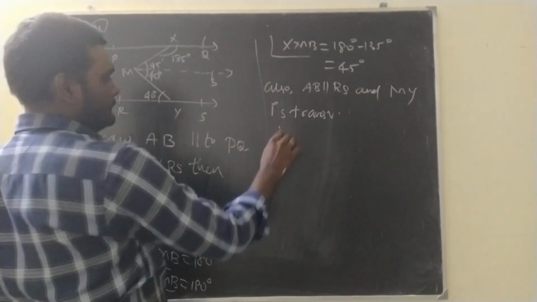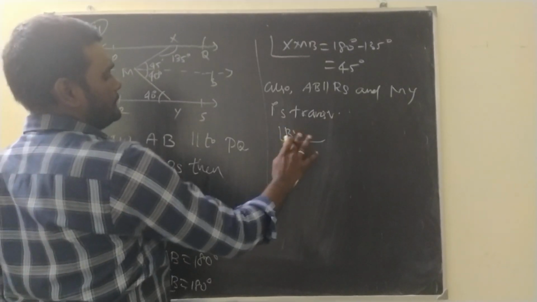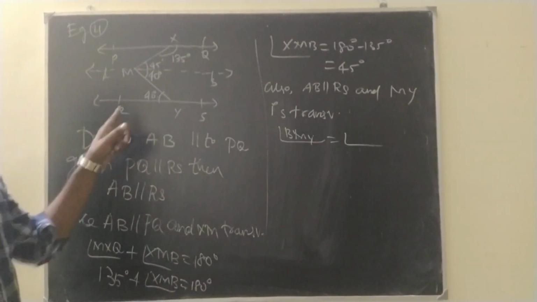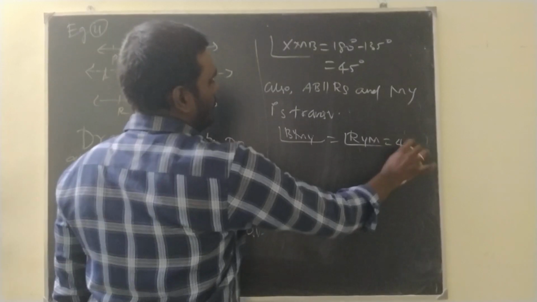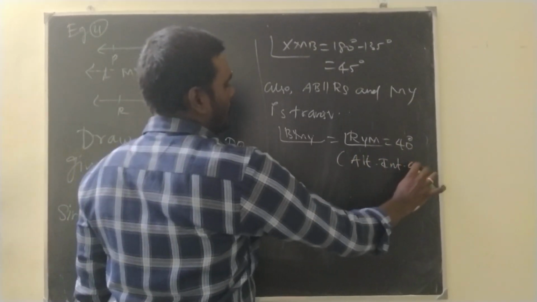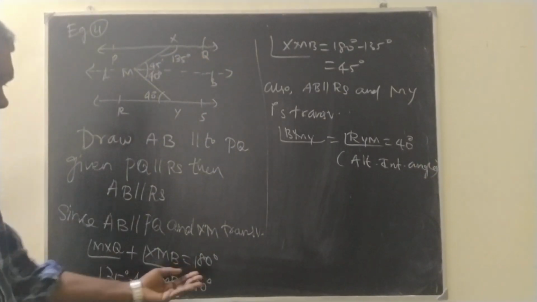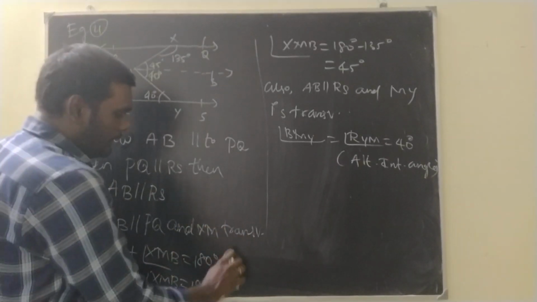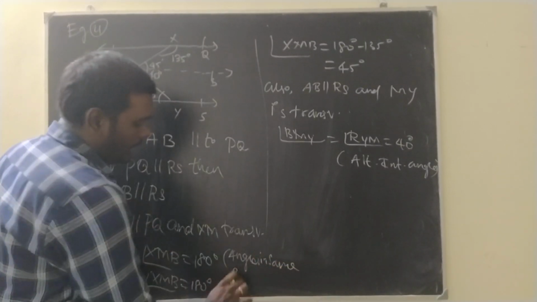So we can say angle BMY equals angle RYM. Both equal 40 degrees. The reason? Alternate interior angles. Here also we should write the reason. Is it a linear pair? No, not a linear pair. Angles on the same side of the transversal.